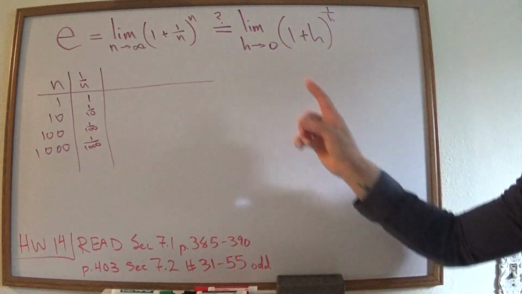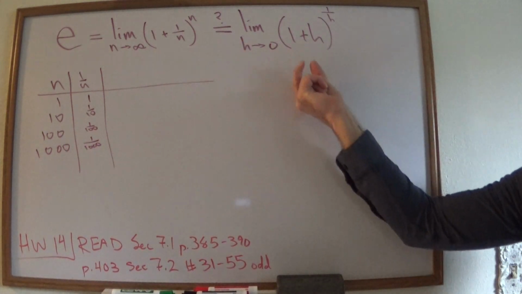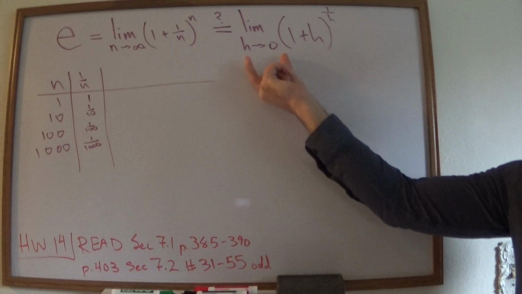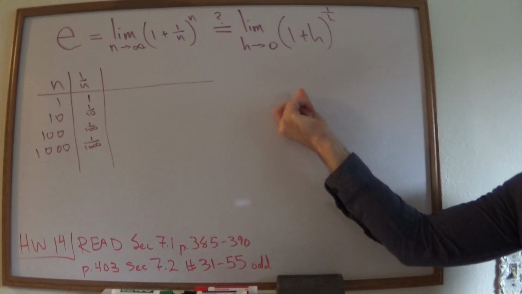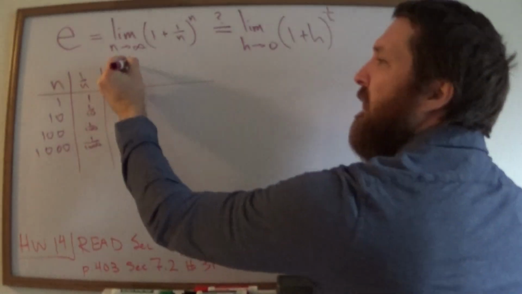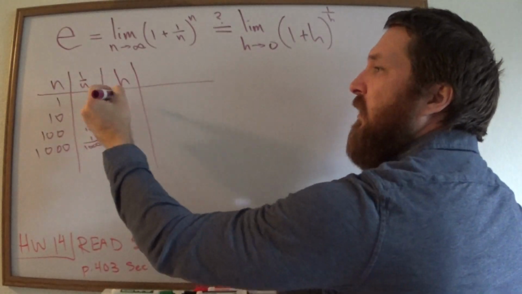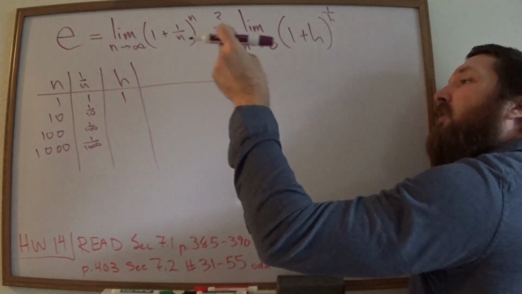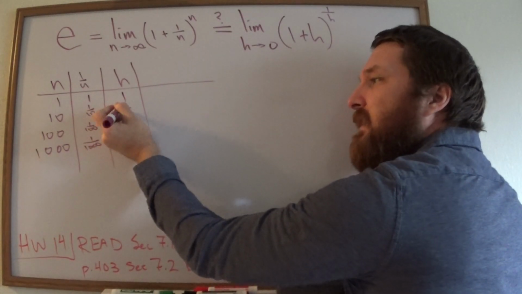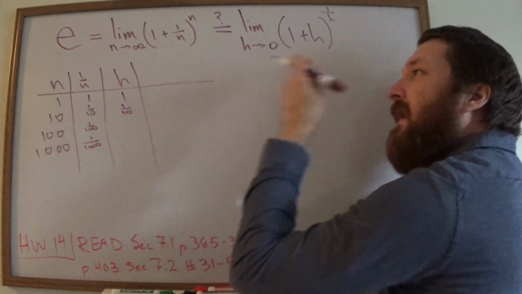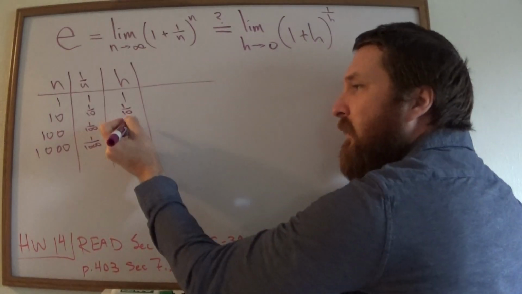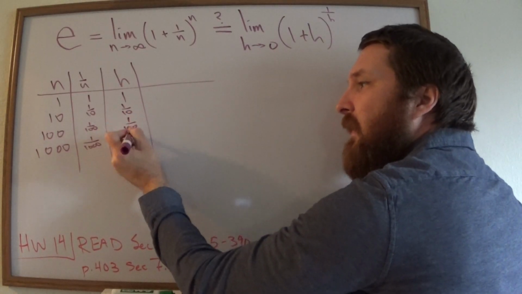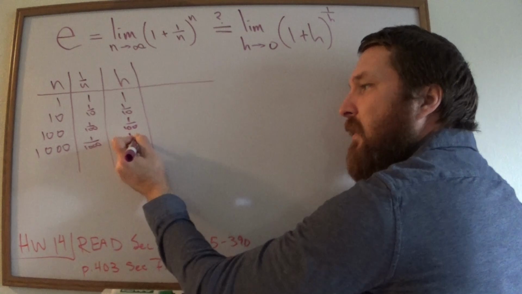And we can think about, okay, what does h do as it drops down to 0? Well, it goes through smaller and smaller numbers too. Let's pretend that h is starting off at 1. As it gets closer to 0, it will eventually get to 1/10, and then 1/100th, and then 1/1,000th, and so on.